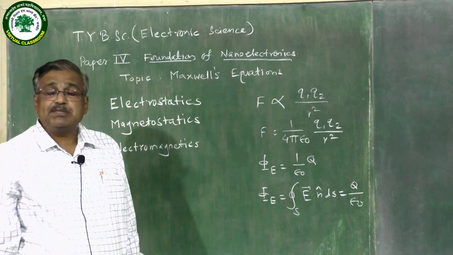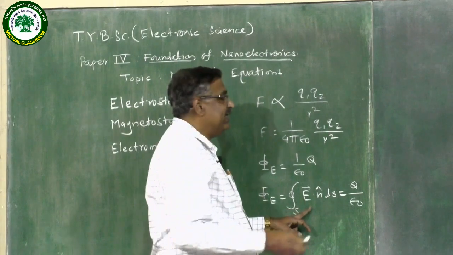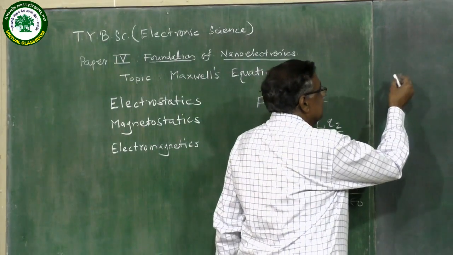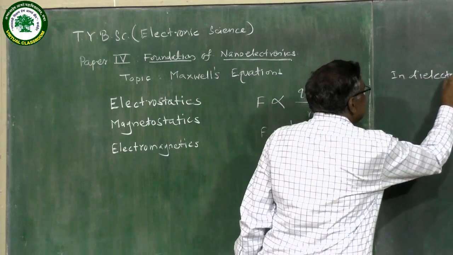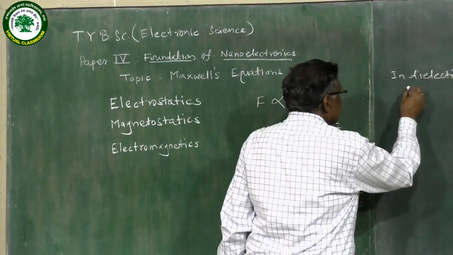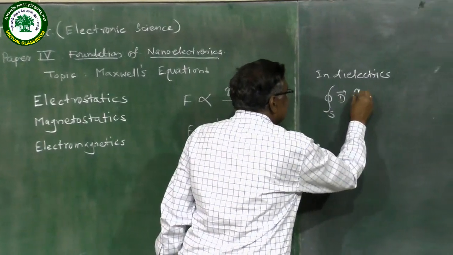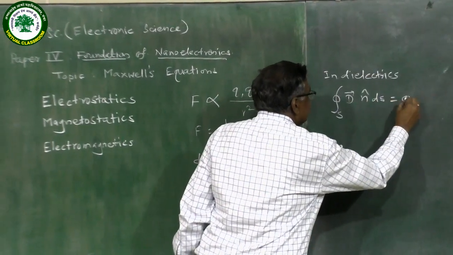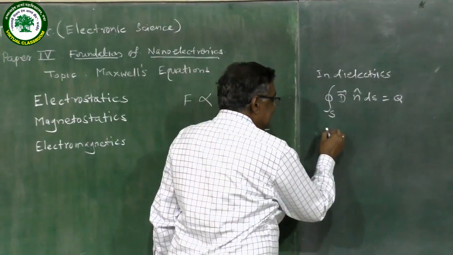Gauss law can also be expressed in terms of a dielectric medium, so it gets modified for dielectrics. In dielectrics, Gauss law can be written as the integral over S of vector D dot n dS equal to the free charge enclosed by that surface, where a new vector D arises.